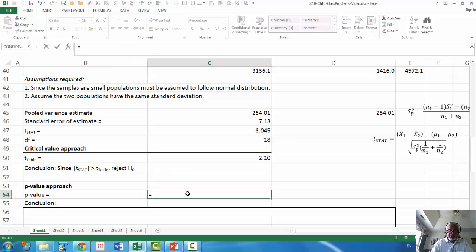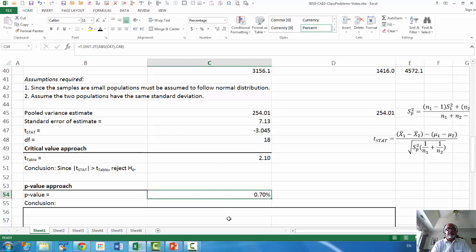The p-value is t dot dist dot 2t. Okay, so two tails. So here we have to provide a positive value for x, which means we have to always do, for a two-tailed test, absolute value of the t-statistic and then the degrees of freedom.